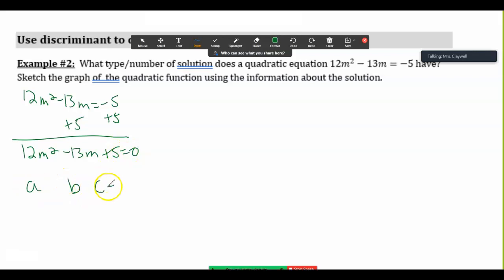If I identify my A, B, and C, so my discriminant equals B squared minus 4 times A times C. This becomes negative 71.